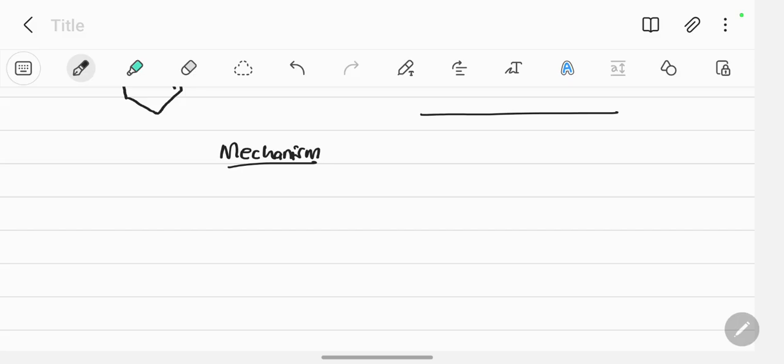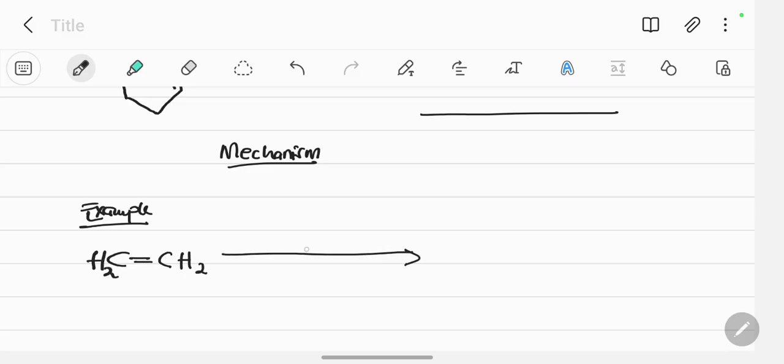Maybe, for example, let me use this example. If I'm having a simple alkene, like ethene, when I add in bromine, well, you know very well bromine is reddish brown. So when I add in bromine here and the carbon tetrachloride, this carbon tetrachloride is just a solvent.